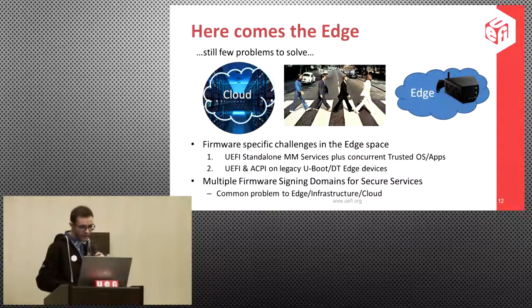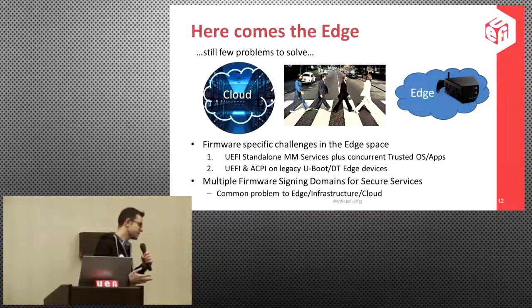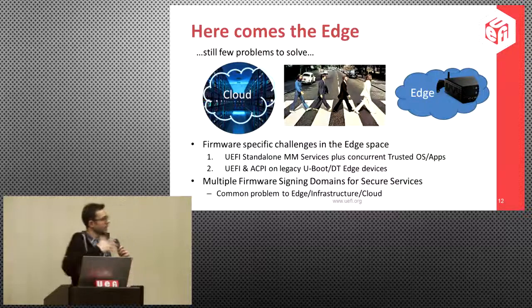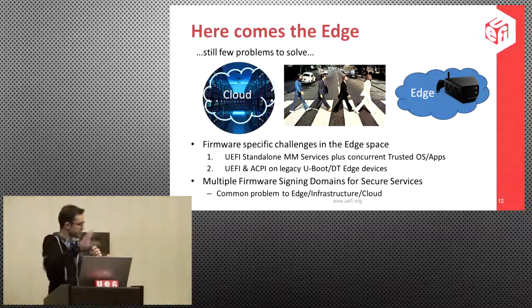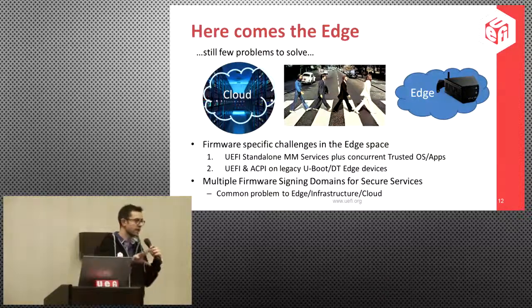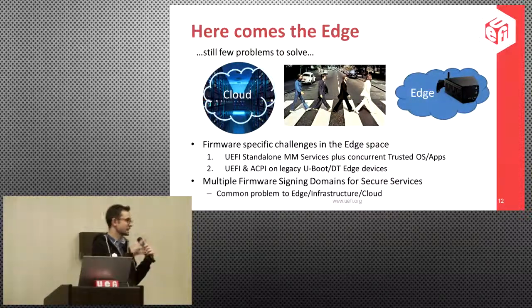And the third one, as we are allowing partners to put different software that execute in the secure world, this software may come and will come from different owners, from different providers. So a BIOS vendor, a silicon provider, an ODM, and all of them will be signed differently.